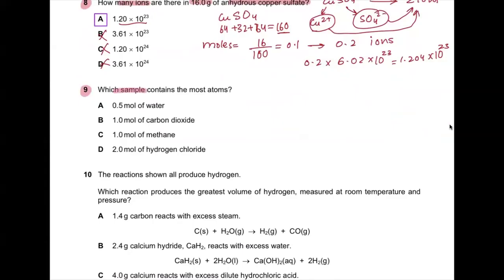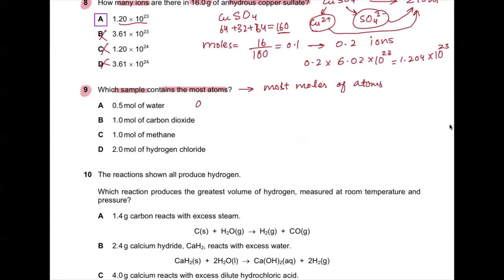Now, which sample contains the most atoms? Most atoms, the one having the most moles of atoms.